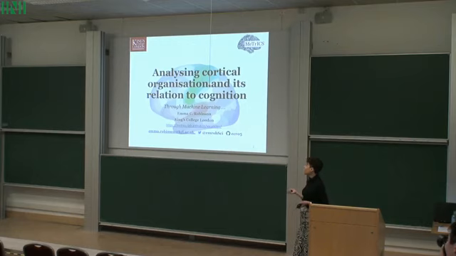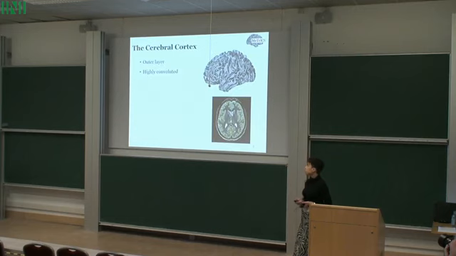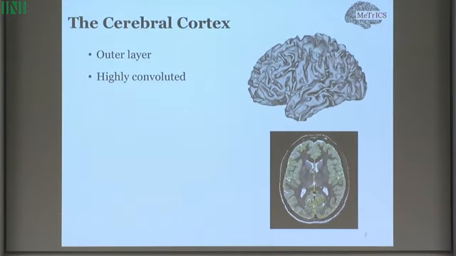So today I'd like to talk a bit about using machine learning to analyze cortical organization and start to investigate its relationship with cognition. The cerebral cortex is a highly convoluted thin layer of grey matter at the outer surface of the brain, shown here in between the yellow lines in the image at the bottom.